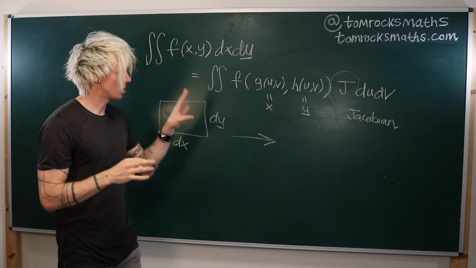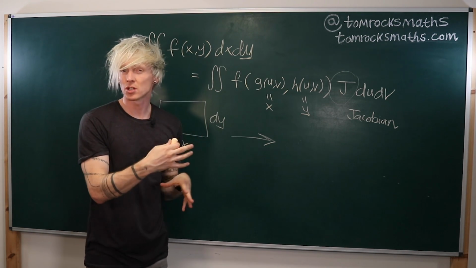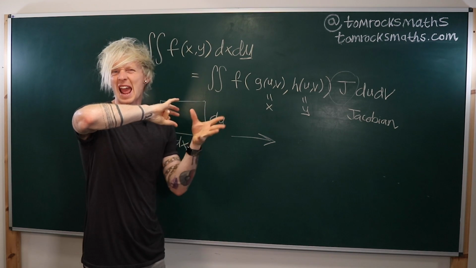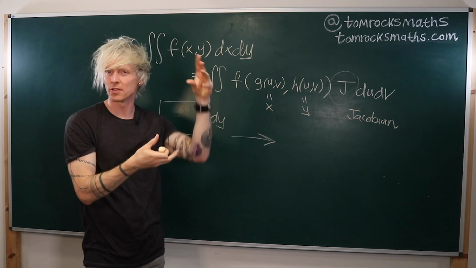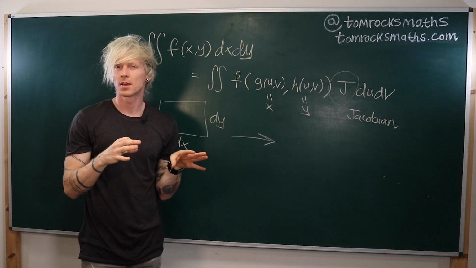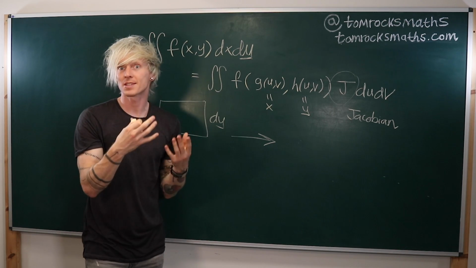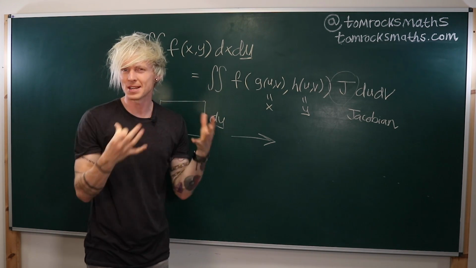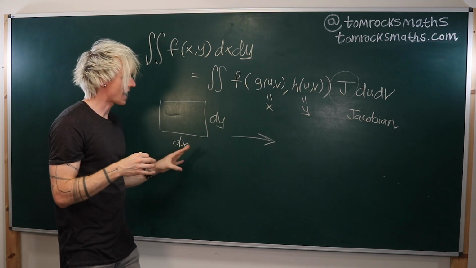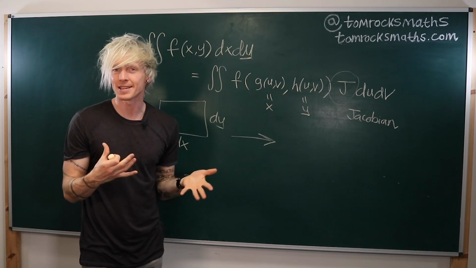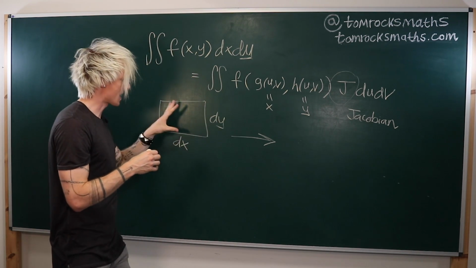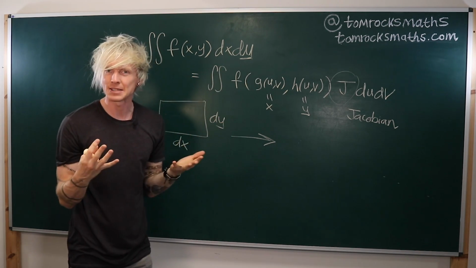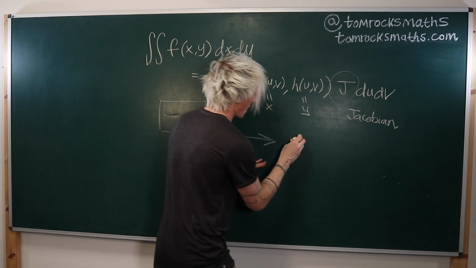But just like with the circle example and polar coordinates, we didn't consider the exact curved shape that we ended up with. Ultimately, we approximated it again as a rectangle. We just had to figure out the appropriate dimensions. So for this general coordinate case, we say the rectangle will be pushed and squashed and moved over a little bit into a parallelogram.